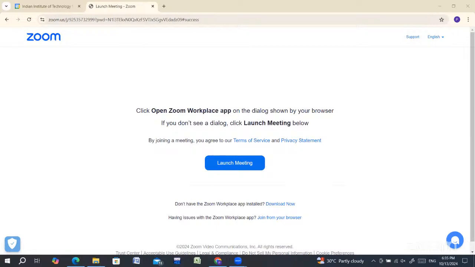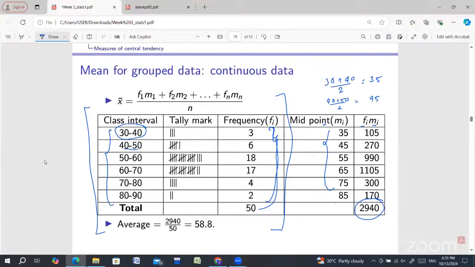That's visible now. Yes, ma'am, it is visible.